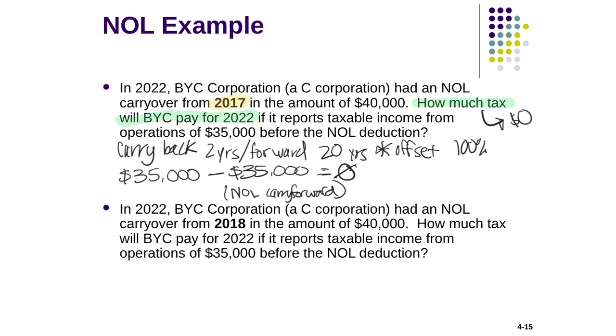So our starting NOL is $40,000. We used, in 2022, 35,000.